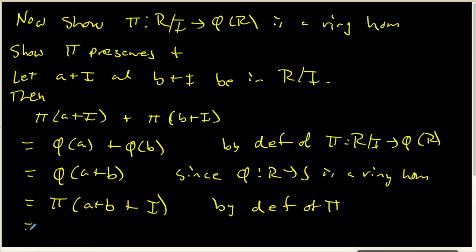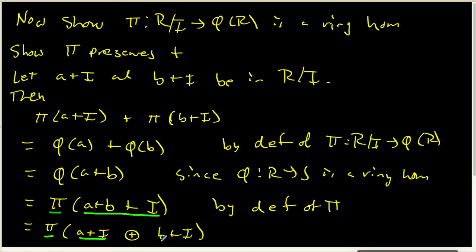And then I know that this particular left coset can be rewritten as A plus I plus B plus I.